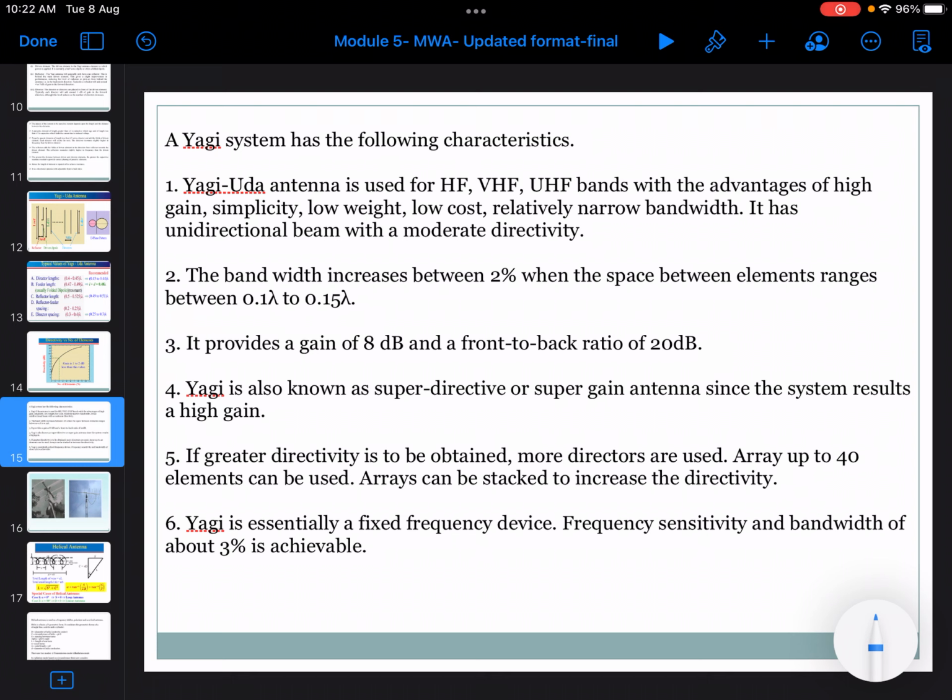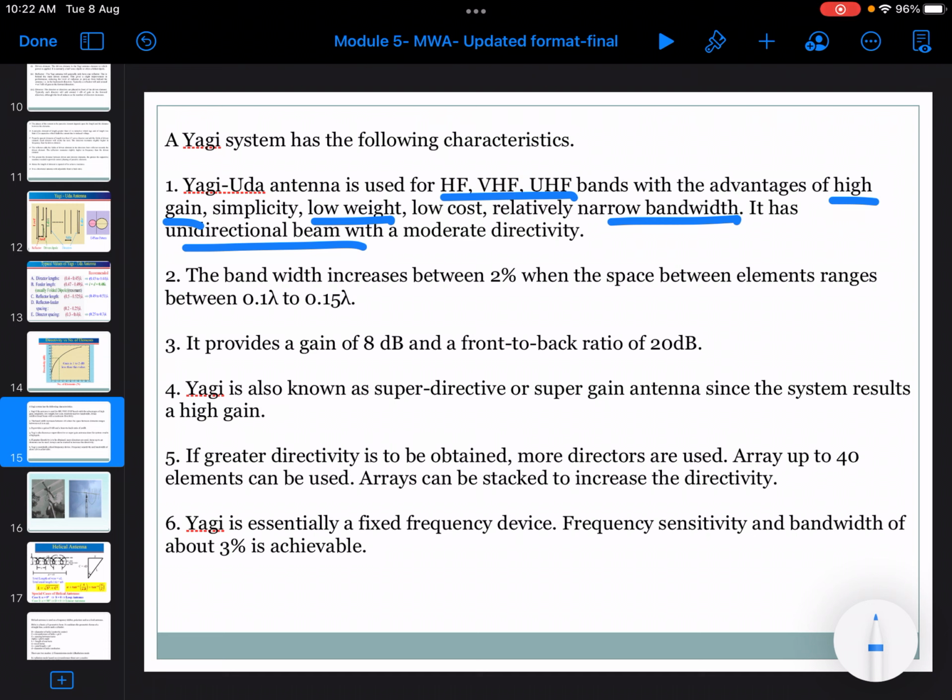It is majorly used in the HF, UHF and VHF bands, providing a high gain, and it is of simple structure. It is of low weight and low cost, with relatively narrow bandwidth, a resonant type of antenna, and it gives you a unidirectional beam with moderate directivity. The bidirectional radiation pattern of a half wave dipole is converted into a unidirectional radiation beam.